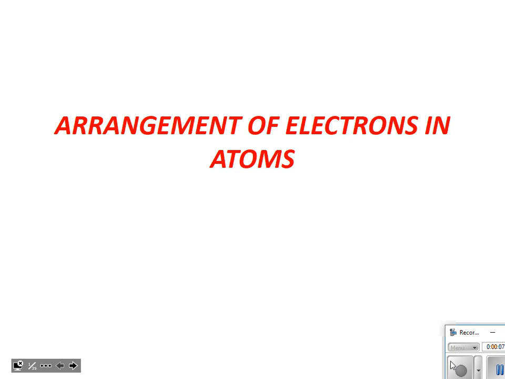Today we're going to start, yesterday we started talking about atoms, the structure of atoms. Today we're going to advance a little bit further and do a little prep work that we need to do in order to understand electron configurations.